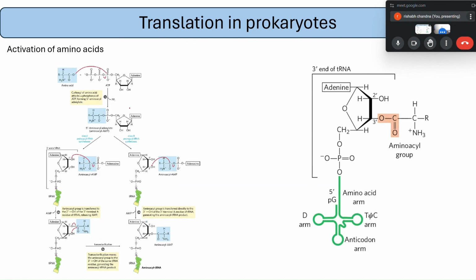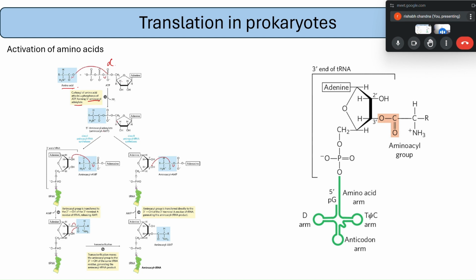So as you can see, in activation of an amino acid, first adenine is added to that particular amino acid. Okay, so the alpha phosphoryl group of the ATP attacks the carboxyl group of the amino acid, forming 5 prime amino acyl adenylate.